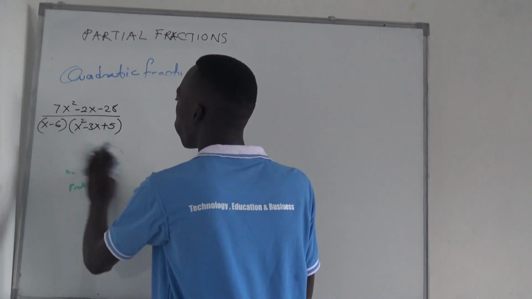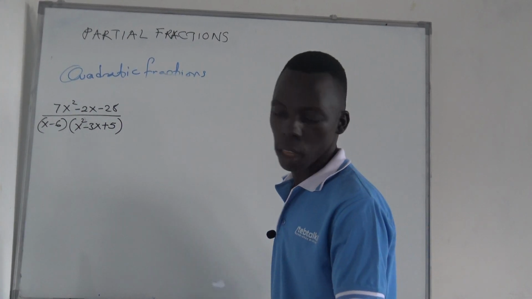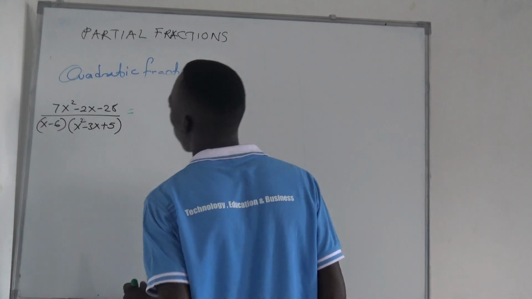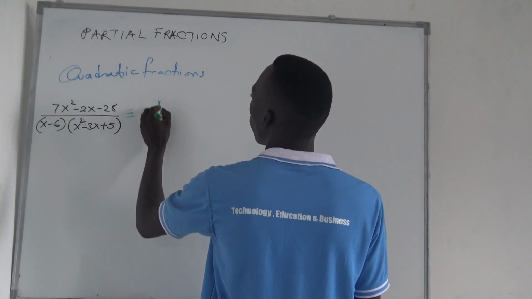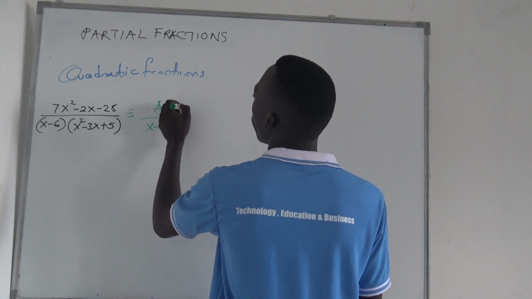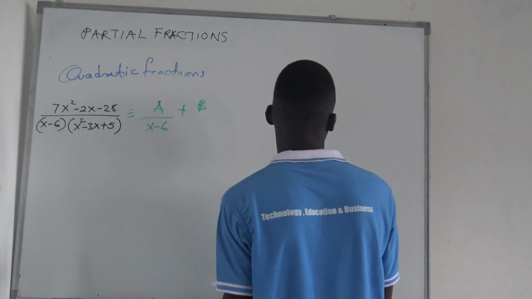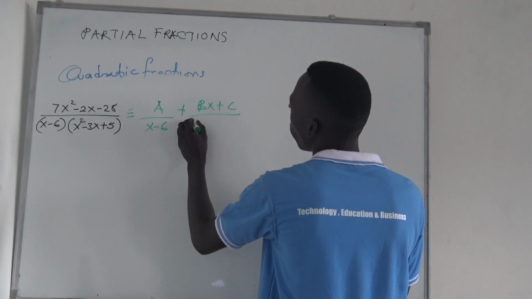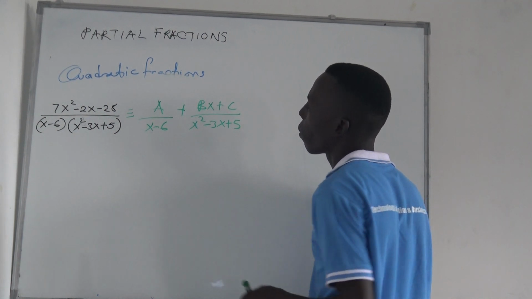So this one calls for applying the rule of the quadratic fraction. So this one is equivalent to, we say this one is linear, so A over x minus 6, then plus the one which is quadratic, Bx plus C over x squared minus 3x plus 5.